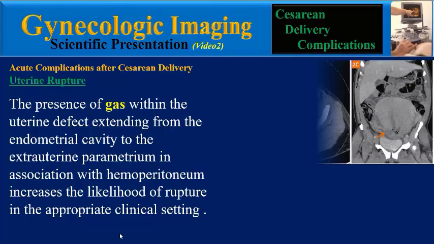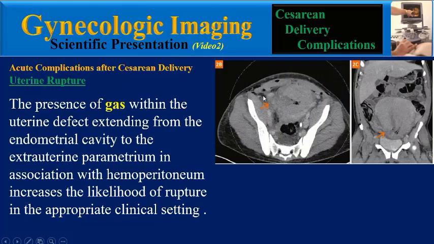The presence of gas within the uterine defect extending from the endometrial cavity to the extrauterine parametrium in association with hemoperitoneum increases the likelihood of rupture in the appropriate clinical setting.